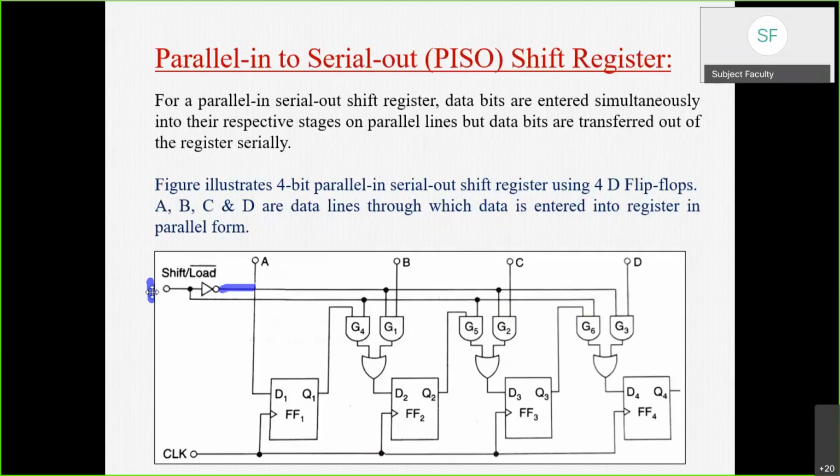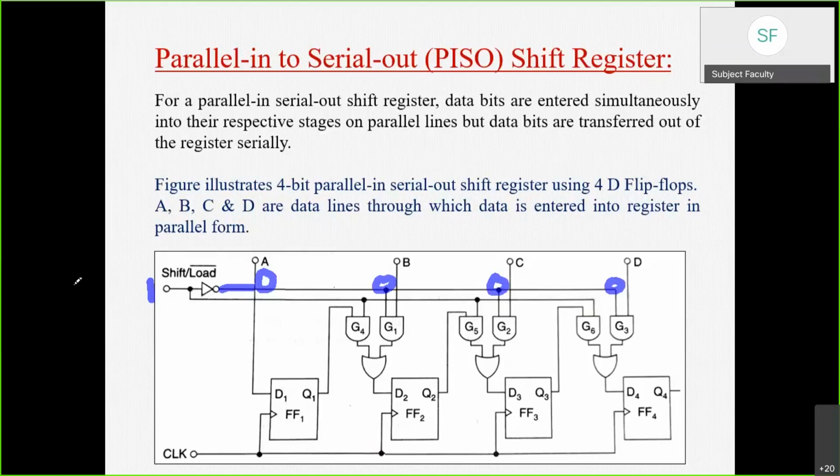The input of the NOT gate is now 1, so the output of the NOT gate becomes inverted. That means the line above, called the 0 line, has logic 0 applied there. So one of the inputs to G1 becomes 0. Similarly, one of the inputs of G2 becomes 0, and one of the inputs of G3 also becomes 0.